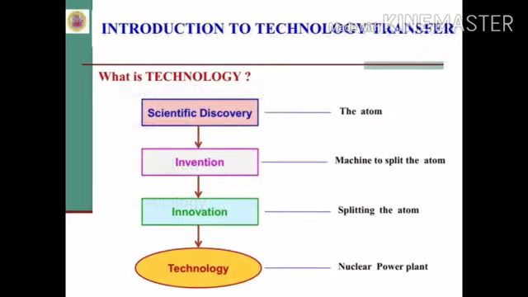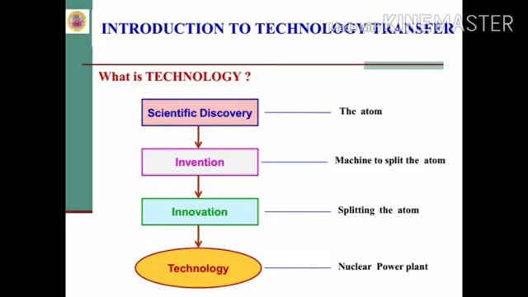To understand the difference between scientific discovery, invention, and innovation, let us see an example. You all know atom. The atom is the scientific discovery. A machine developed to split the atom comes under invention. But splitting of that atom for a purpose is an innovation.